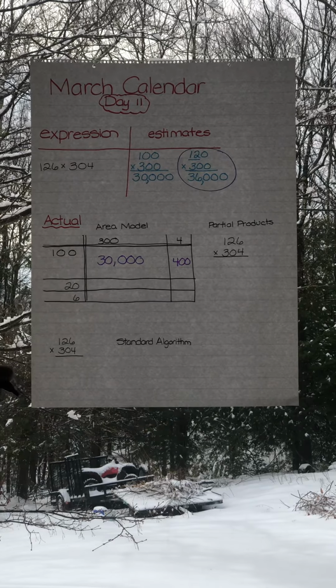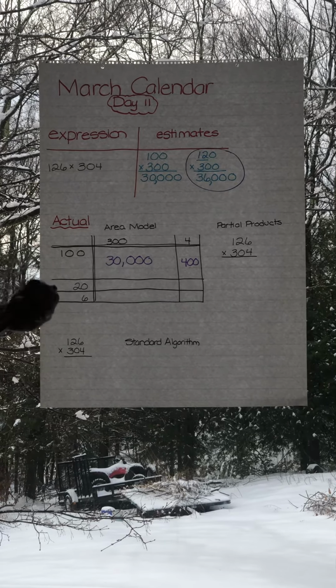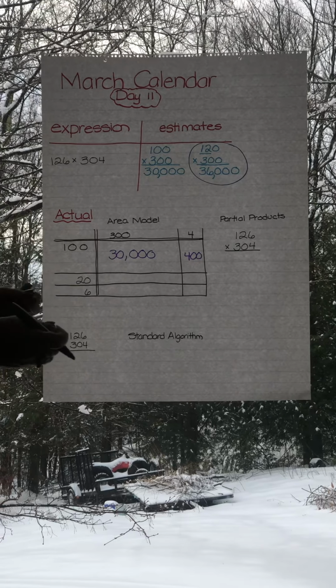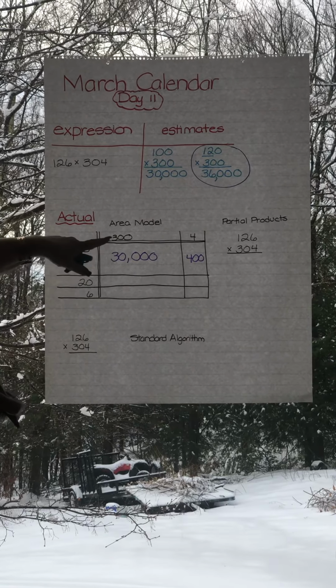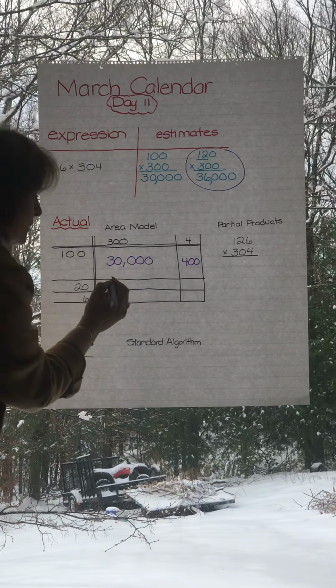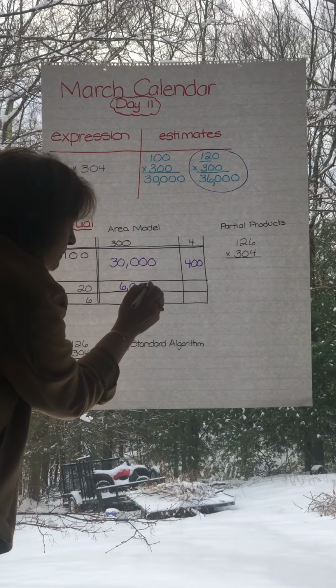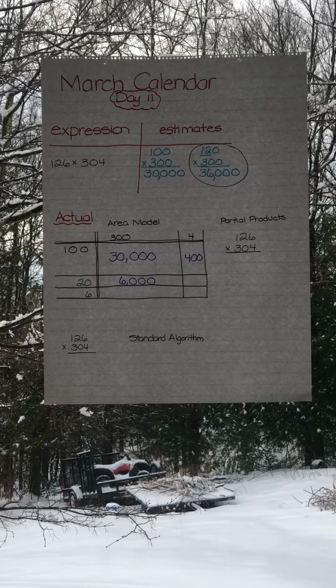And then 100 times 4 is 400. We go to the next row, because remember, in multiplication, every place value needs to be multiplied by every place value. So 20 times 300, we can figure that out by saying 3 times 2 is 6. And then we need 3 more place values added on.